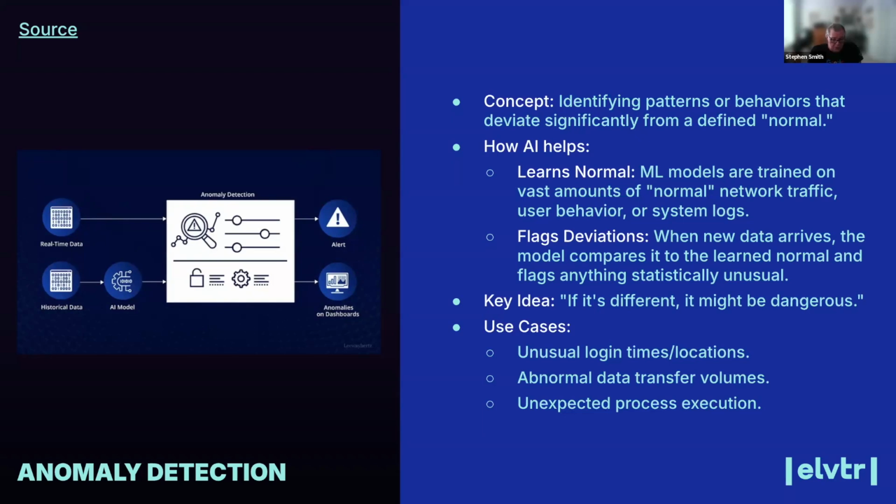So there are 2 kinds of anomaly detection: supervised and unsupervised. Most anomaly detection is unsupervised because we don't have labeled attack data. Do you remember when we talked about labeled data? If I have a set of data, say spam, and people have clicked and said this is spam, they're labeling that particular message.